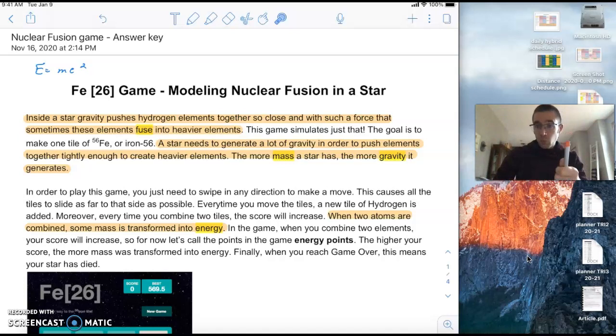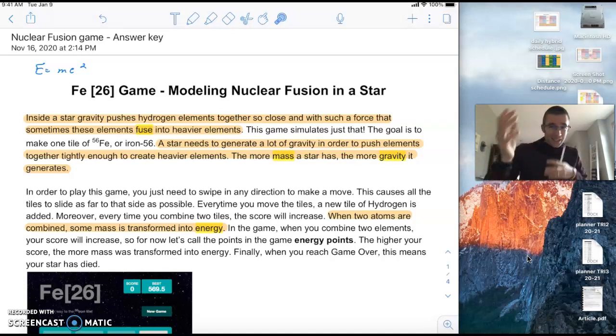When they move fast enough, to the speed of light squared, instead of moving away from each other, they'll come together and fuse and become something bigger. To make helium through nuclear fusion, you need about 4 hydrogens. They smash into each other and make helium, along with a large amount of energy.